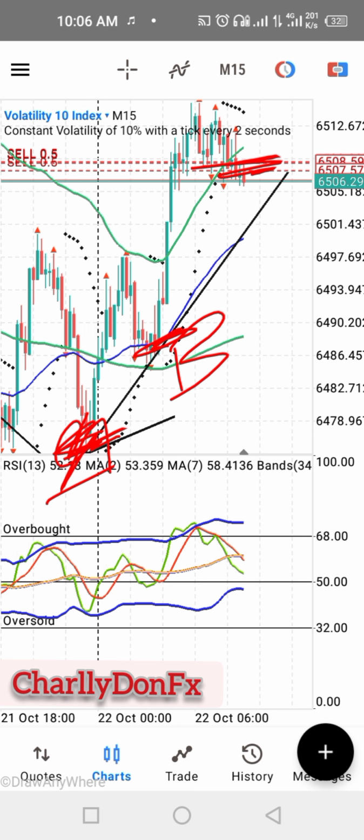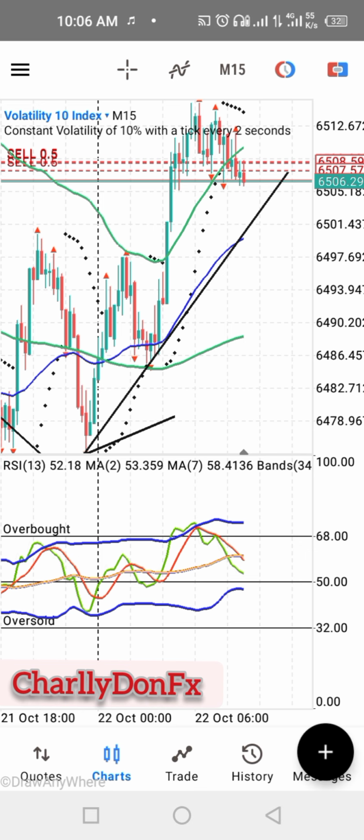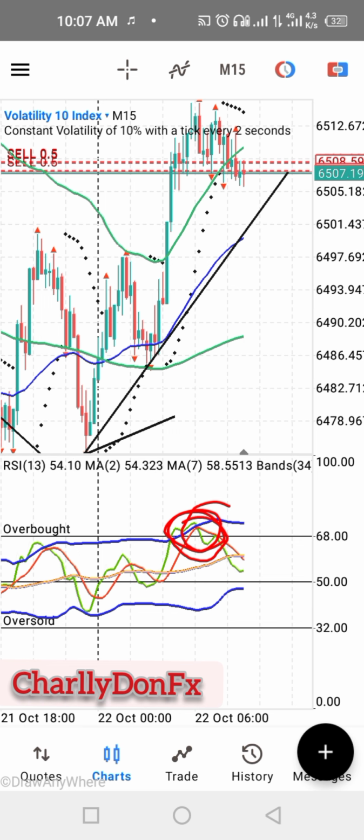You can see that the price went above the overbought level, guys. And you can see the two moving averages, the green and the red, they crossed over there, telling you that the price is about to go down. The price is about to be bearish, guys.